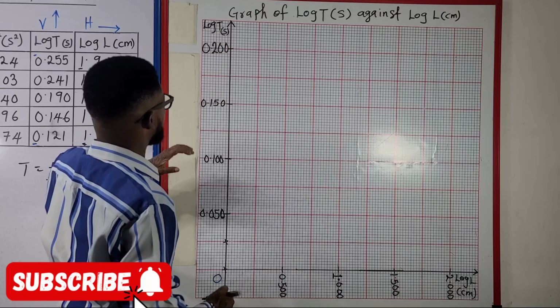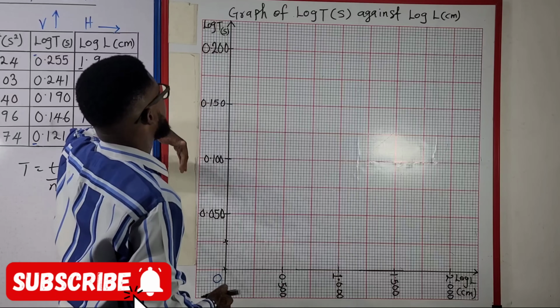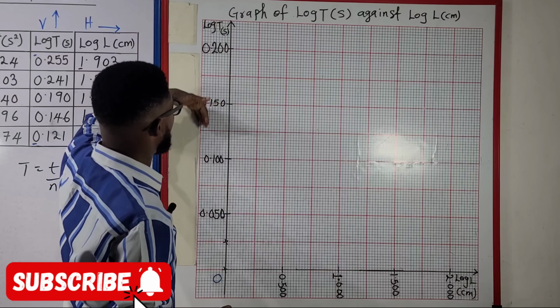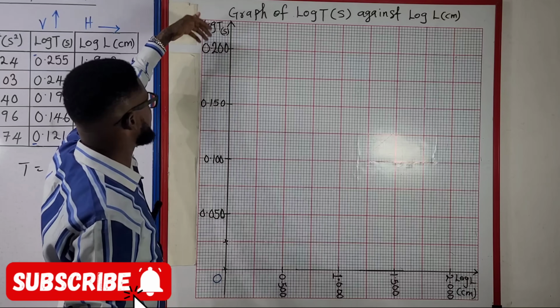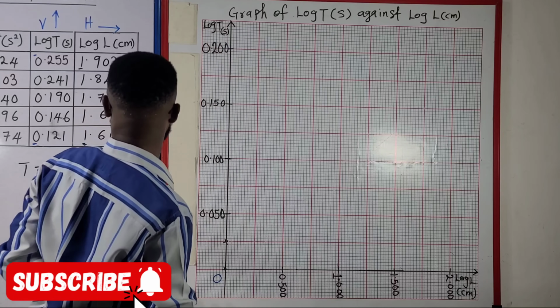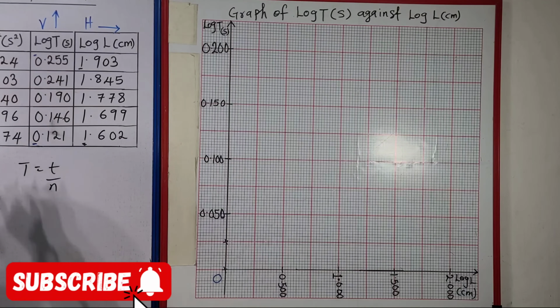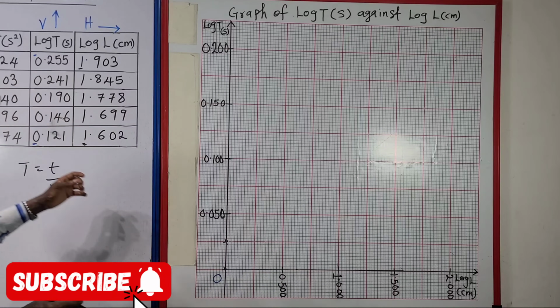From here to here is 4 centimeters, that will be 0.25, and then in about 8 centimeters, that would have been 0.300, from which you can then pick your 0.255.